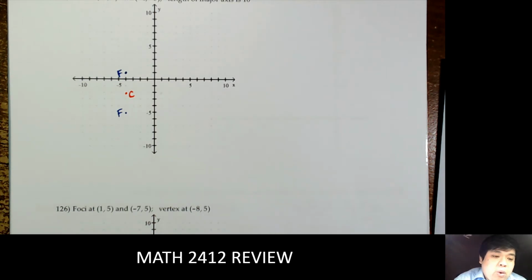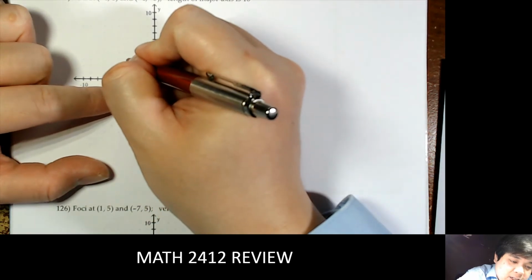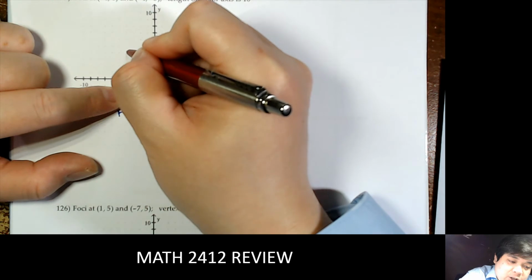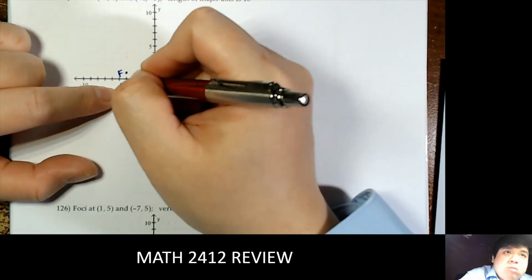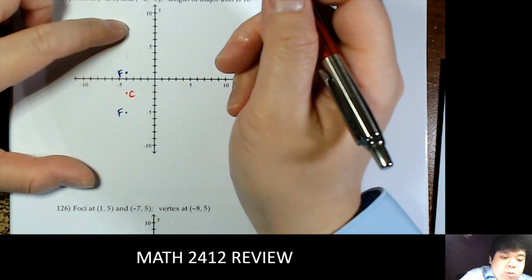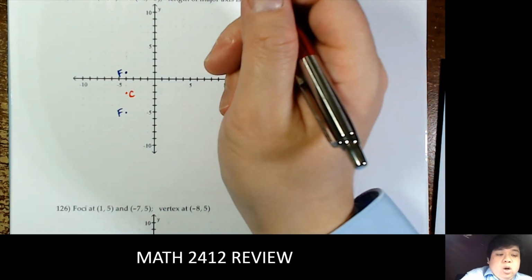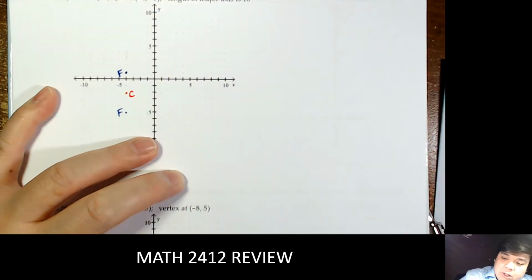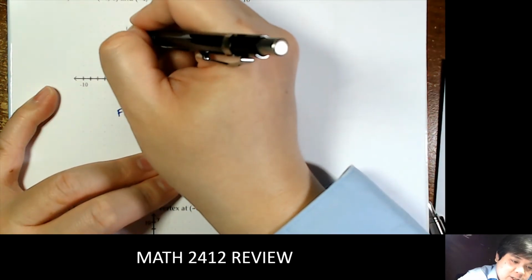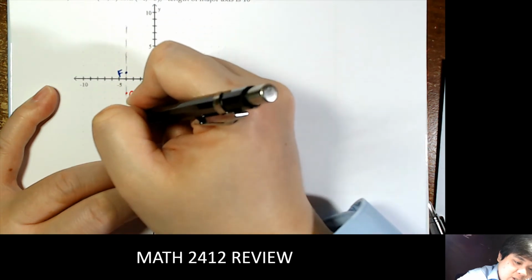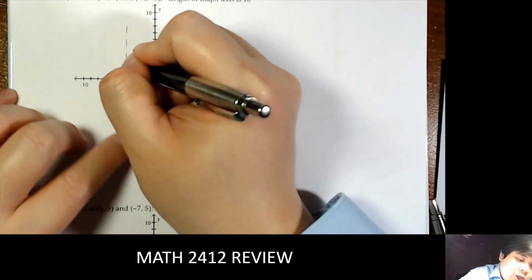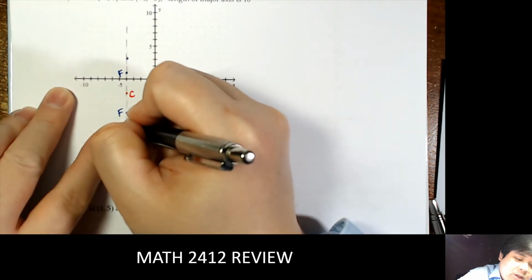Next, we have the length of the major axis is 10. The major axis will contain the center, the two foci, and the two vertices. So it will be like this. This is the major axis, and the length is 10, meaning that from the center to each side has to be 5.